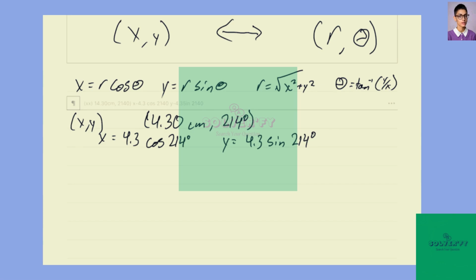Therefore, after plugging it into your calculator, we find that x equals negative 3.56 centimeters and y equals negative 2.4 centimeters.